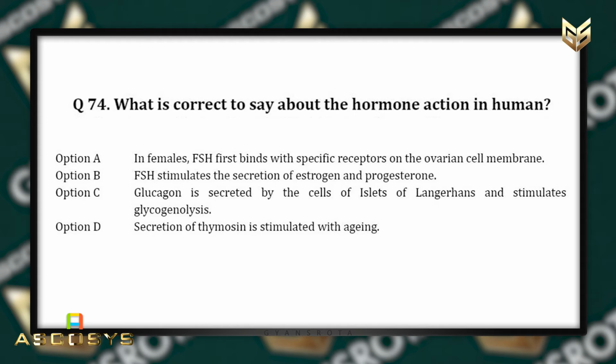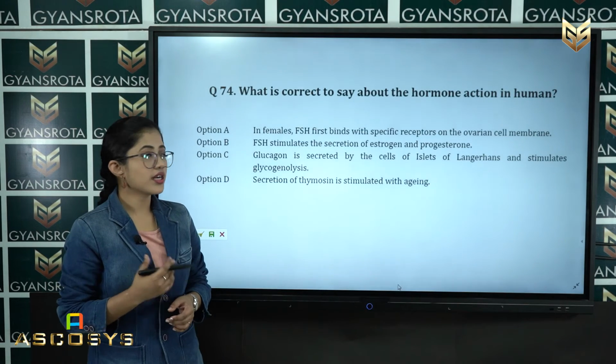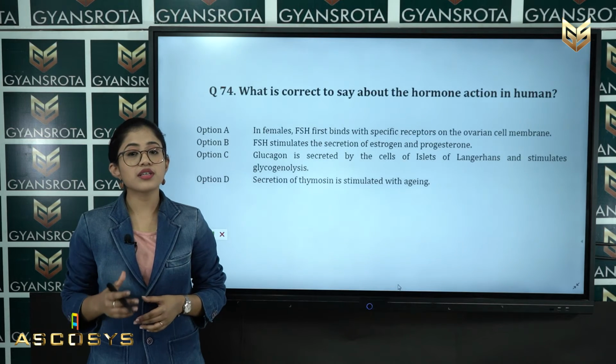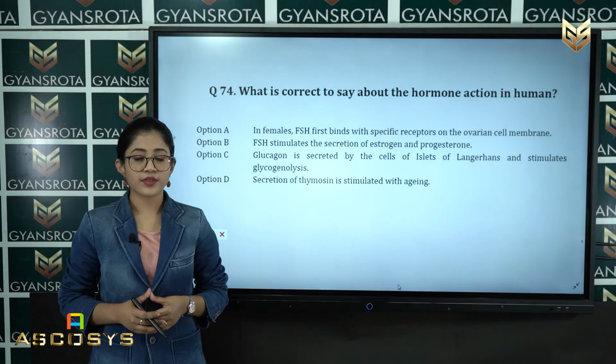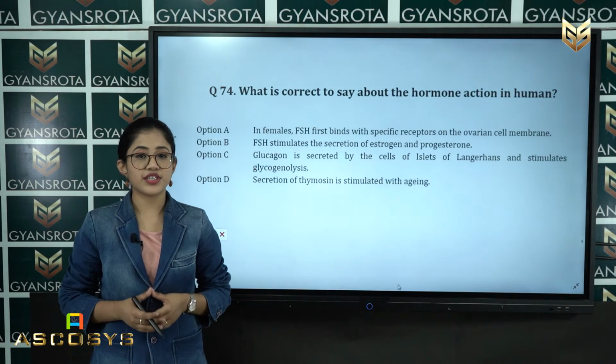Option number C, glucagon is secreted by the cells of islets of Langerhans and stimulate glycogenolysis. Option number D, secretion of thymosin is stimulated with A gene. So, student, in this question you have to select the correct statement about the hormone action in human. This is also from the chapter chemical coordination and integration.